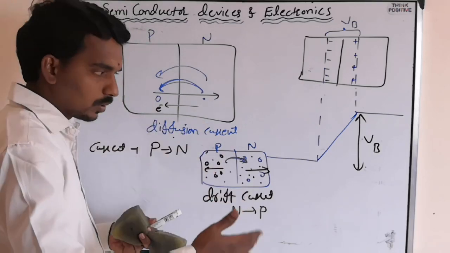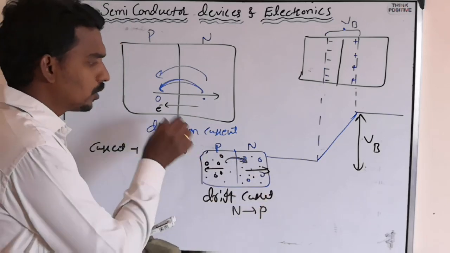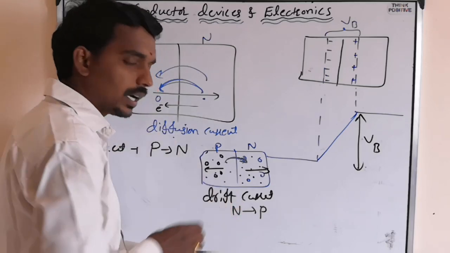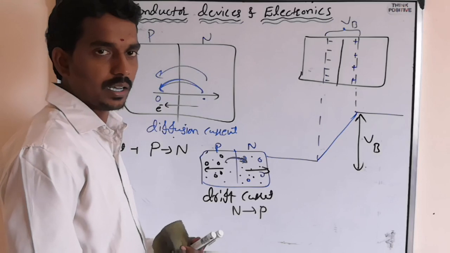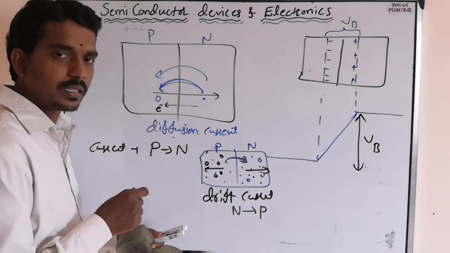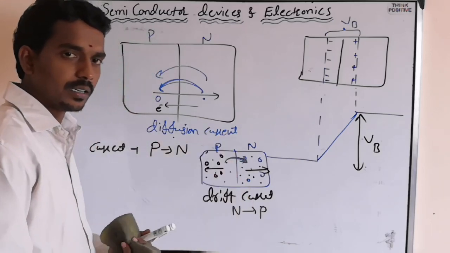By the end of the session you will understand that diffusion current is possible in forward bias, drift current is possible in reverse bias. And diffusion current is due to majority charge carriers, drift current is due to minority charge carriers.